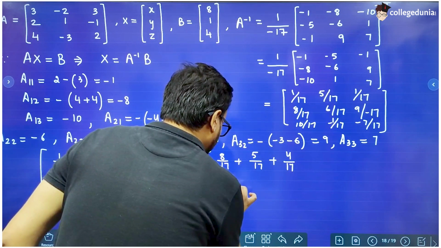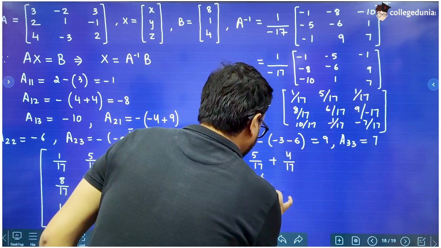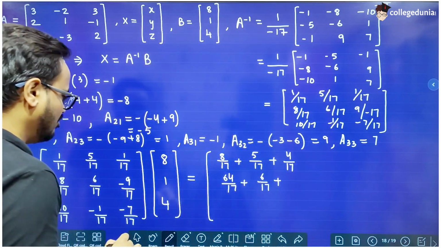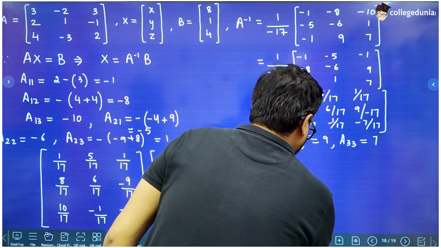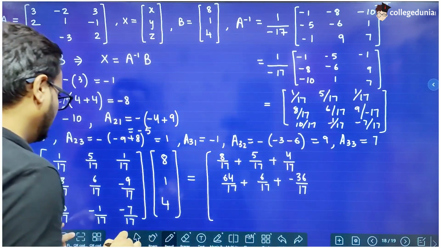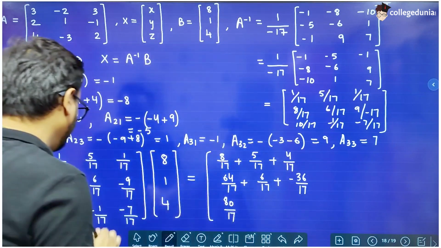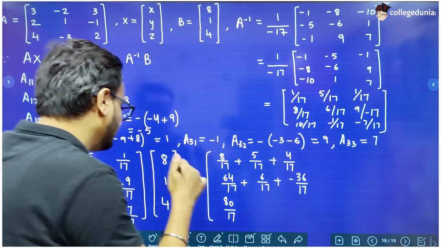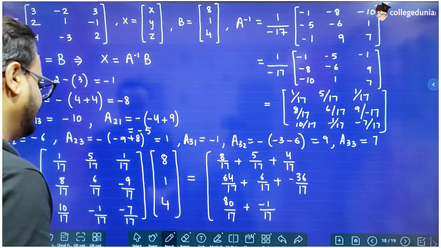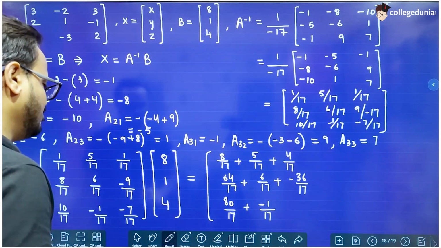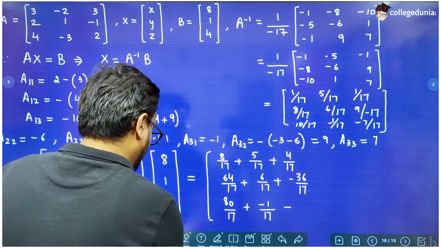The second entry is 64 by 17 plus 6 by 17 minus 36 by 17, which gives 74 minus 36, 34 by 17. The third entry is 80 by 17 minus 1 by 17 minus 28 by 17.